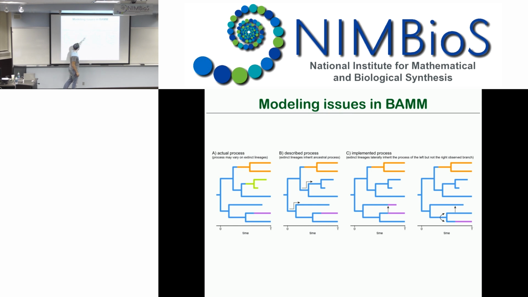The described process there did not assume that there are rate shifts at extinct lineages, which is what you actually need to take into account, because we simulate under this type of process. But another problem is that it sometimes assumes that rate shifts at extinct lineages happen at exactly the same time and with the same magnitude as at the observed lineage.